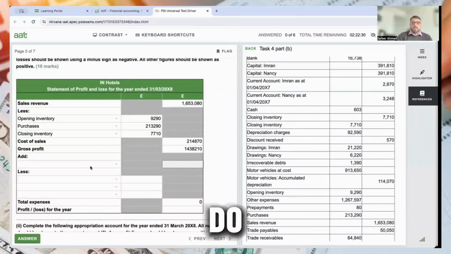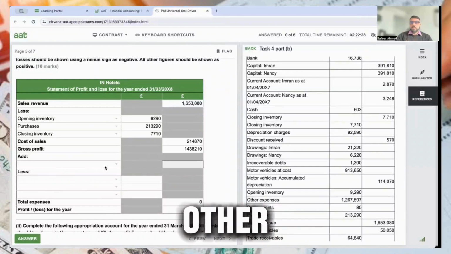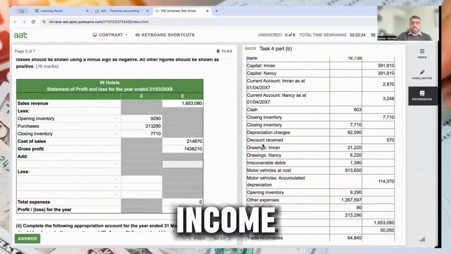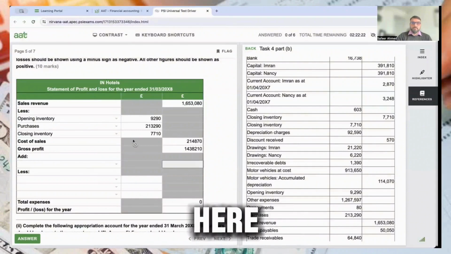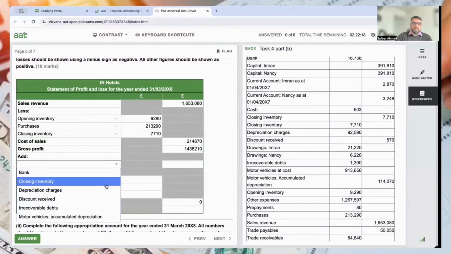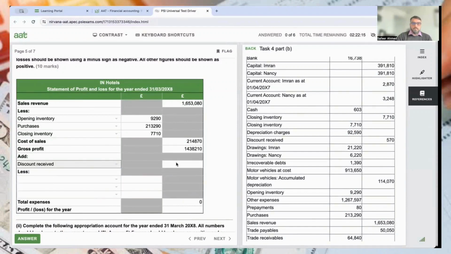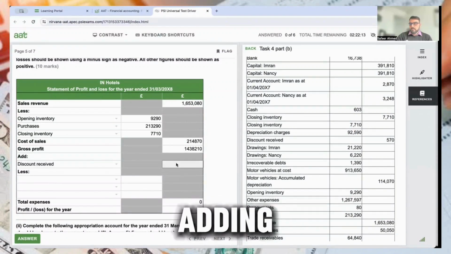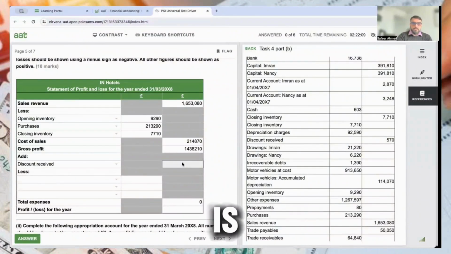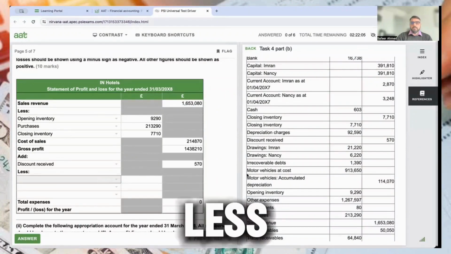And what we need to do is add other income. So from these items, the only other income item is discount received here. So we will be adding the discount received amount, and the discount received amount is 570. And less expenses.